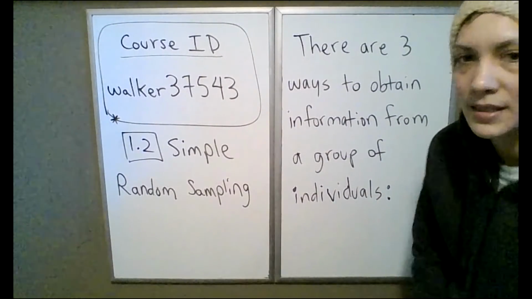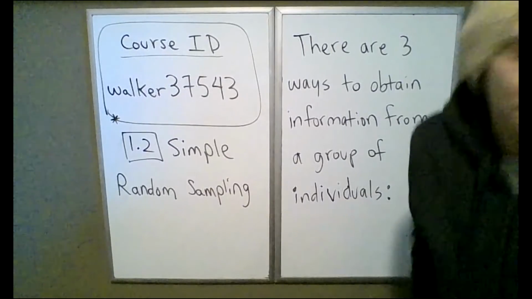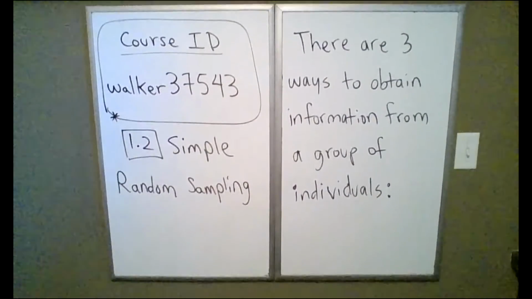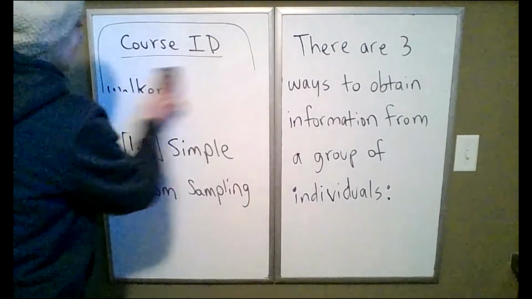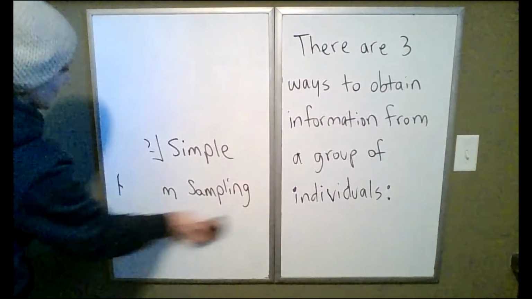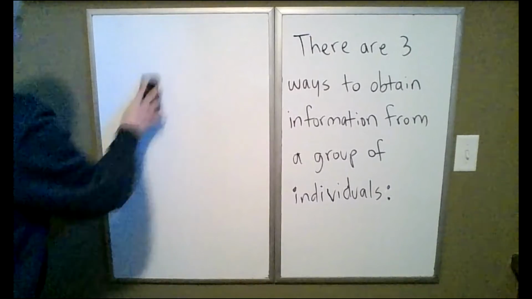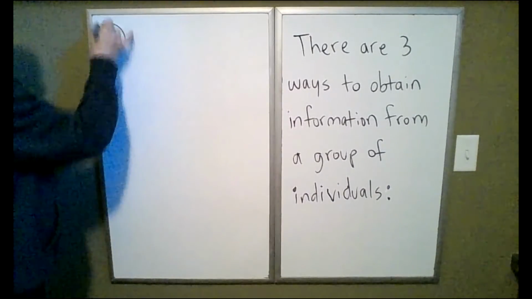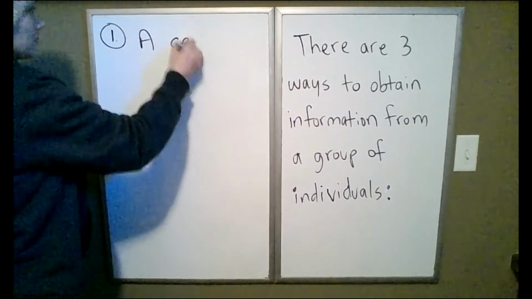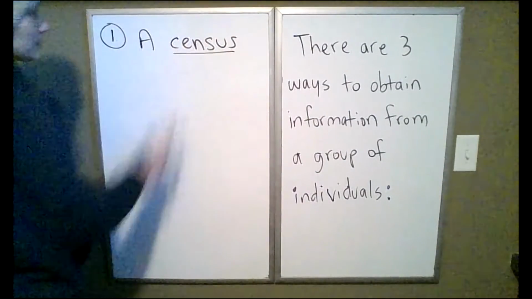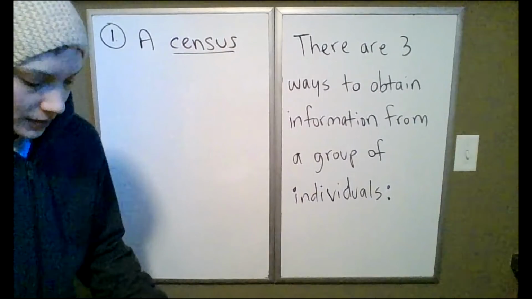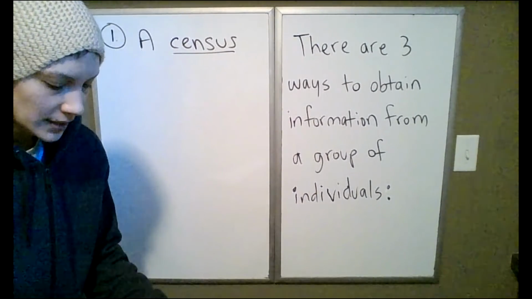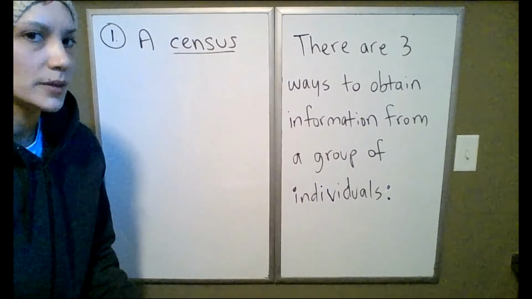First one is a census. Okay, so it's a list of all of the individuals in your group, along with characteristics or information about each individual.